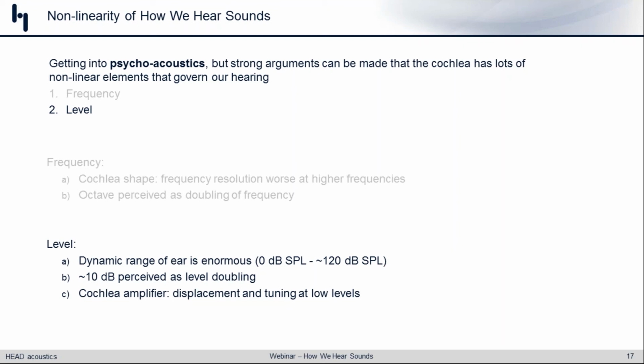That means at higher amplitudes, our frequency masking actually gets wider, and our sensitivity, as we talked about, to individual frequency tones also becomes reduced at higher levels, which is ironic when you talk about music concerts being ridiculously loud. You actually have less sensitivity and perhaps less appreciation for the individual notes that are being played out.